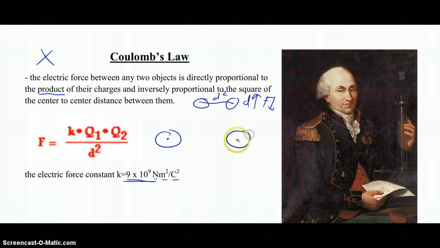So if you have two point charges, you multiply the two charges, divide by their center to center distance squared, and multiply by this constant K, which is the basic electrical force constant.